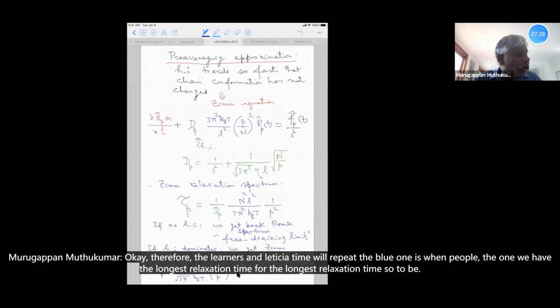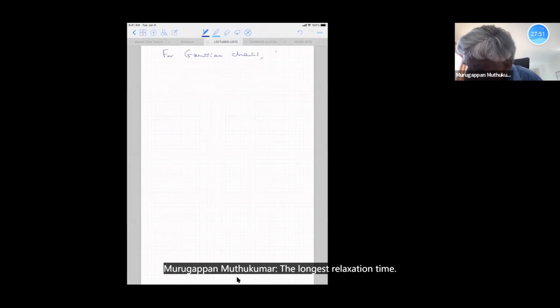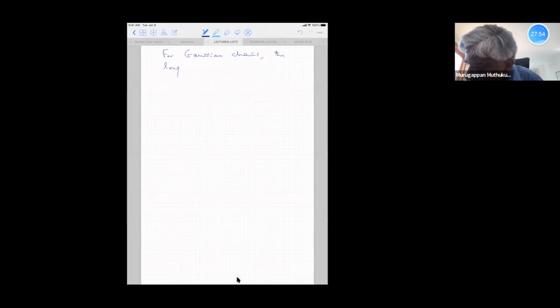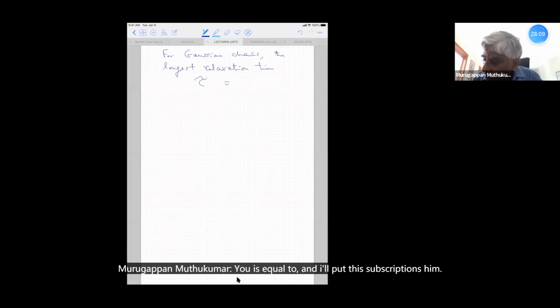Okay. Therefore, the longest relaxation time would be the p is equal to 1 case. When p is equal to 1, we have the longest relaxation time. Therefore, for Gaussian chains, the longest relaxation time is tau, and I'll put the subscript Zimm.